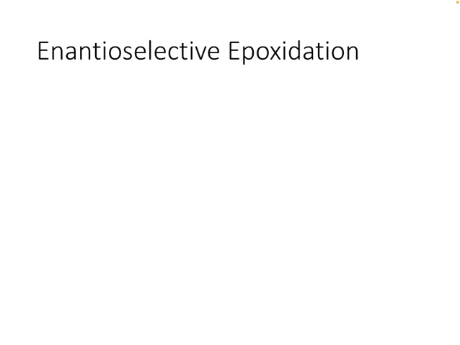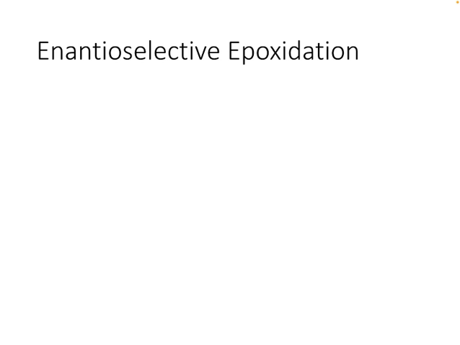So the overall process here is called Enantioselective Epoxidation. So we're creating an epoxide in a very specific way. So we're selecting a particular enantiomer, if you want to think of it that way.